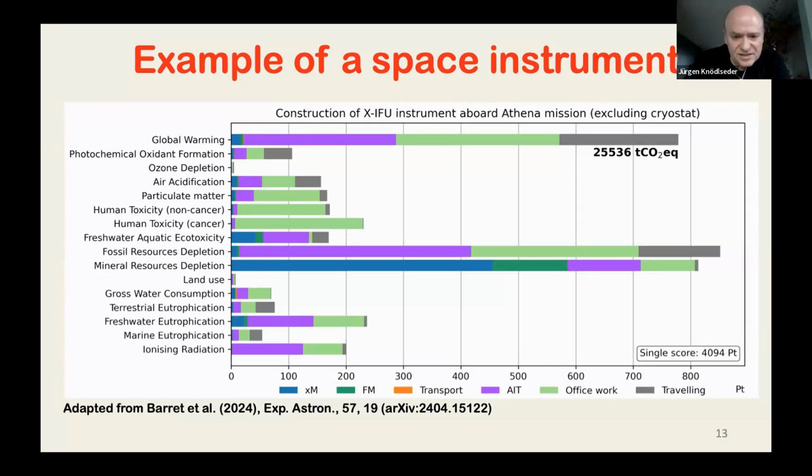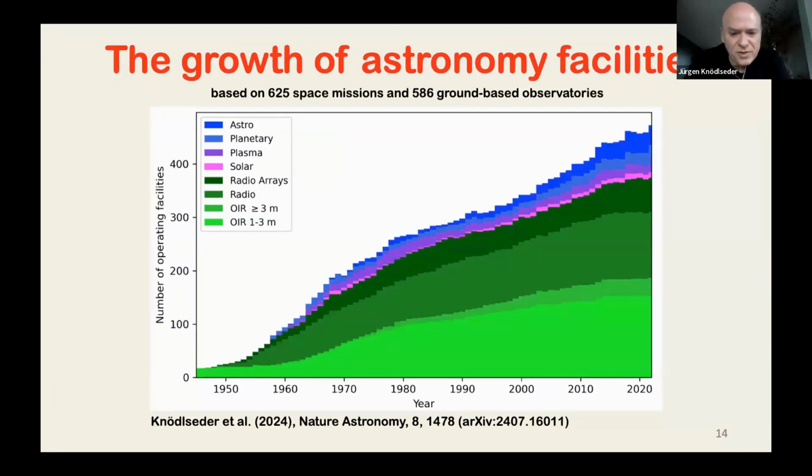Okay, from that, the interesting question is where do we move? These were all snapshots. So one of the studies we did recently was to look at the temporal evolution of our infrastructures. And this shows you on the graph here the number of operating facilities over the years, basically from World War II on.